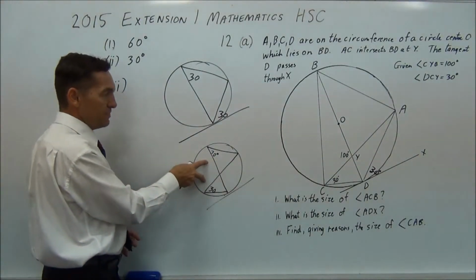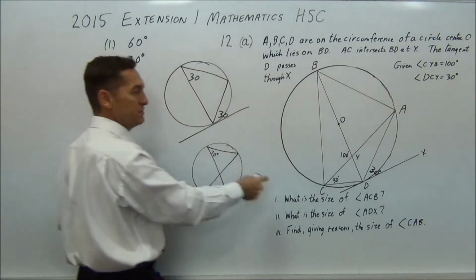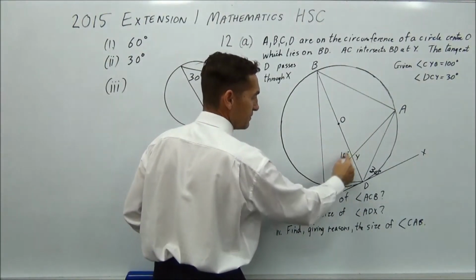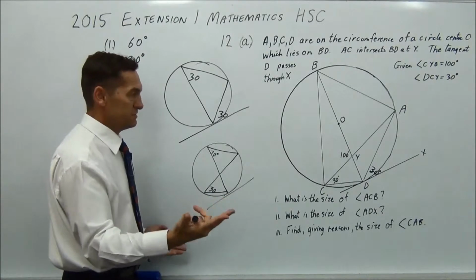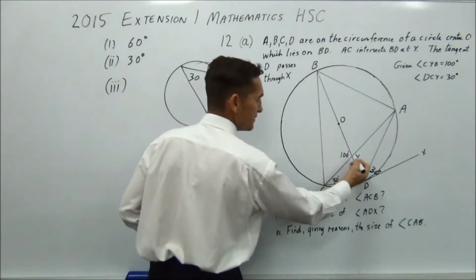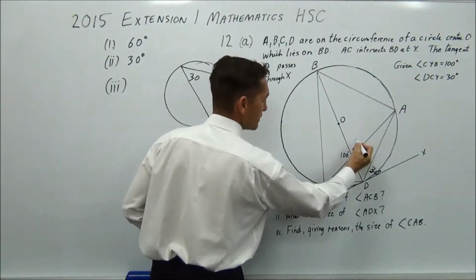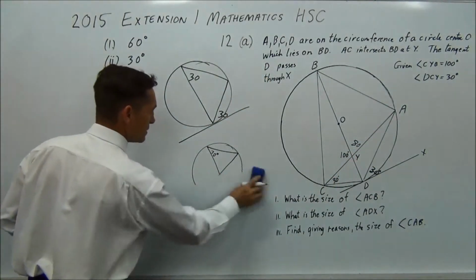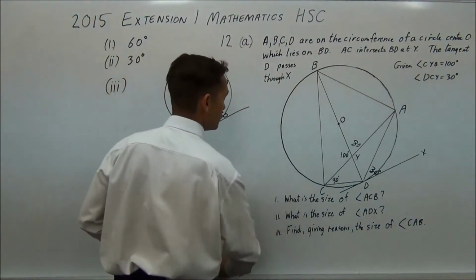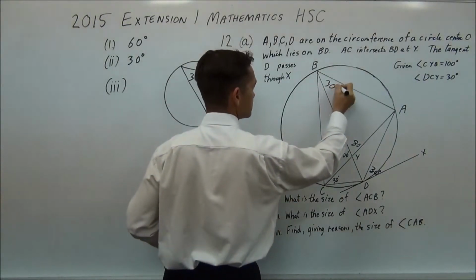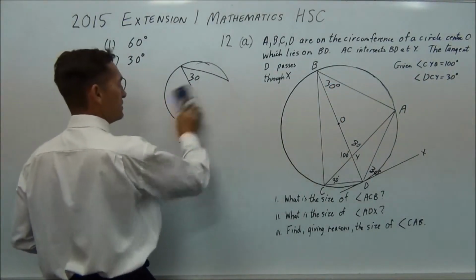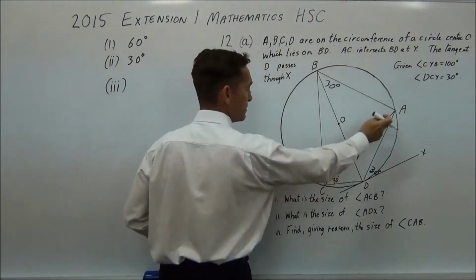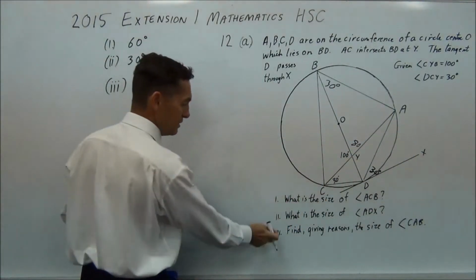So either that's your reason or that's your reason for getting 30 up there. Getting an 80 there is very obvious. It should be straightforward. That's supplementary. So you've got 80 there with your reason of supplementary, and then you've got 30 up the top with either reason. It doesn't matter which reason you pick. And then your last reason is going to be that plus that equals 180, and you're done.